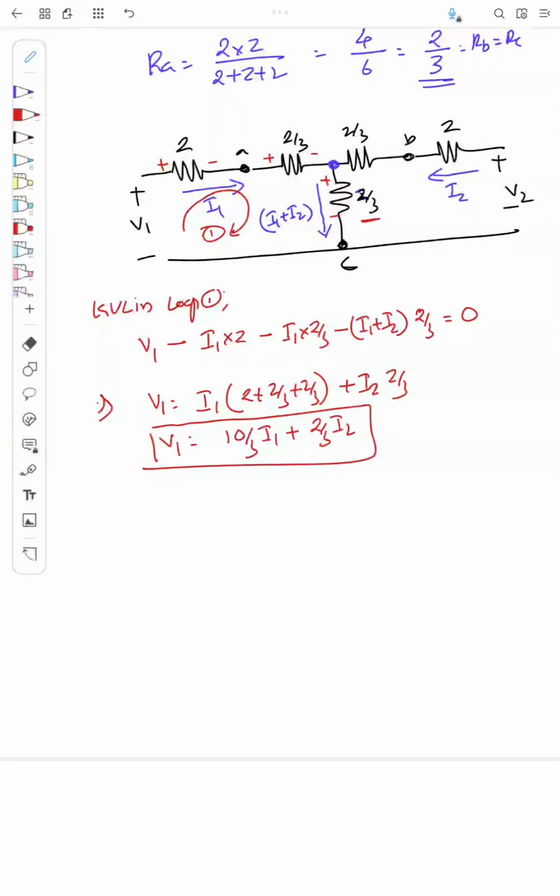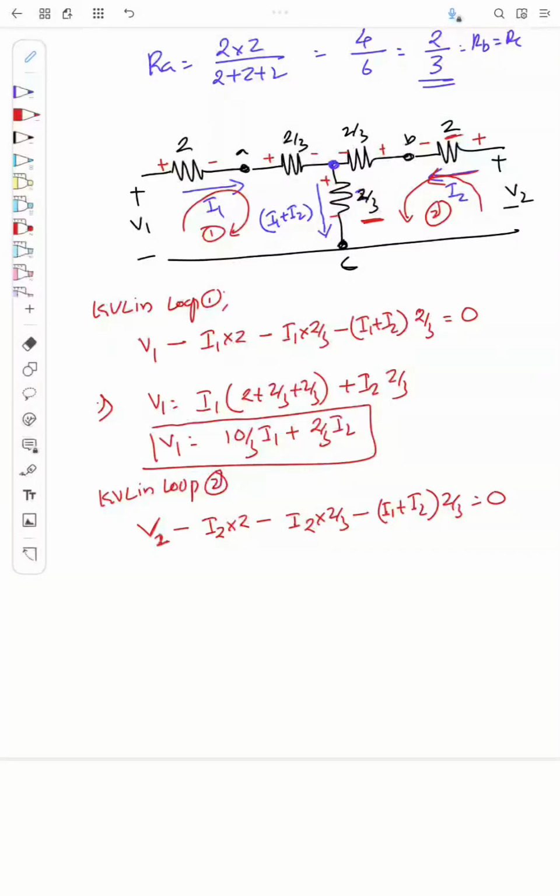Similarly, if I apply KVL in loop 2, the current is flowing in this direction, so the plus-minus drop will be here also. I can write V2 minus the voltage drop across this resistor, so minus I2 into 2, minus the voltage drop across this 2 by 3, so again the current flowing is I2, I2 into 2 by 3, minus the voltage drop across 2 by 3, that is (I1 plus I2) into 2 by 3, is equal to 0.